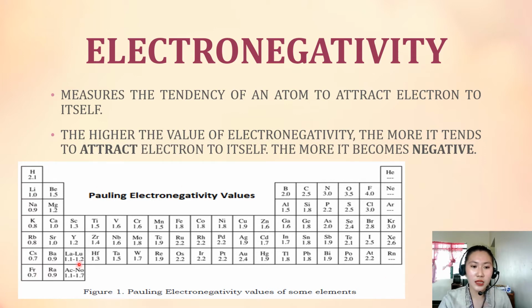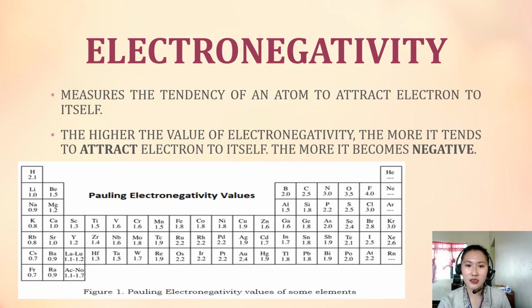And these elements naman here that have a lower value of electronegativity, it means mas mahirap sa kanilang maka-attract ng electron. So they become more positive since they give away their electrons na lang. Okay? So, gets na? Yes.